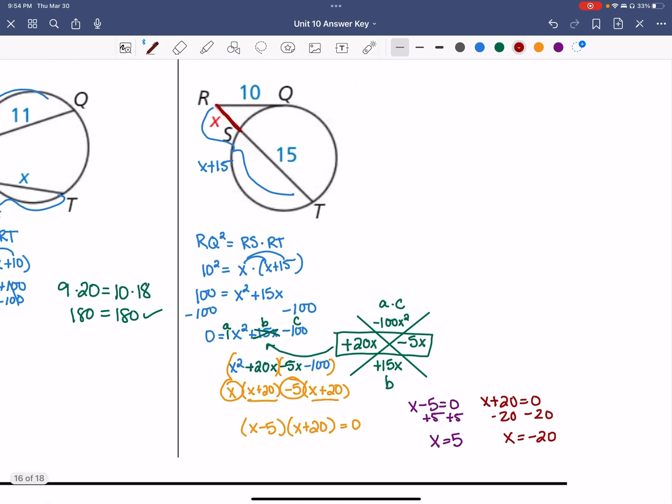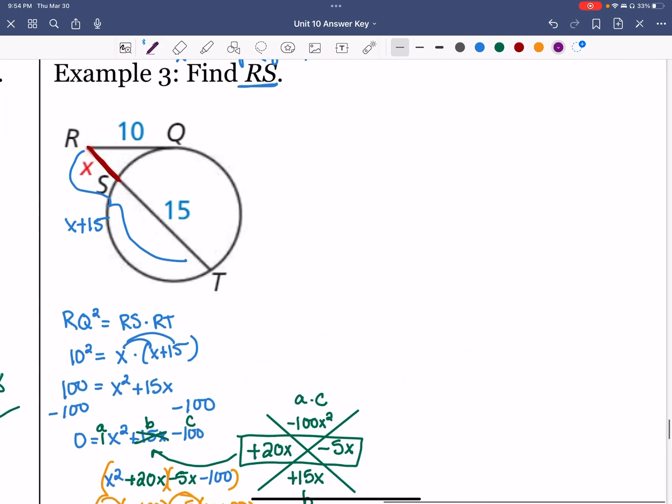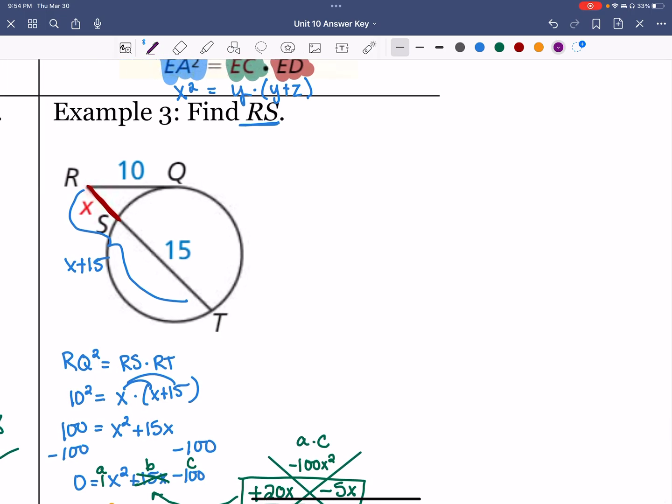Since x is also a value of a length, I know I cannot use a negative value because I cannot have a negative length. So since x is a very big deciding factor on this, I have to make sure I use only the positive one to make sure that I only have positive lengths. So coming up here, I also need to find the value of RS.